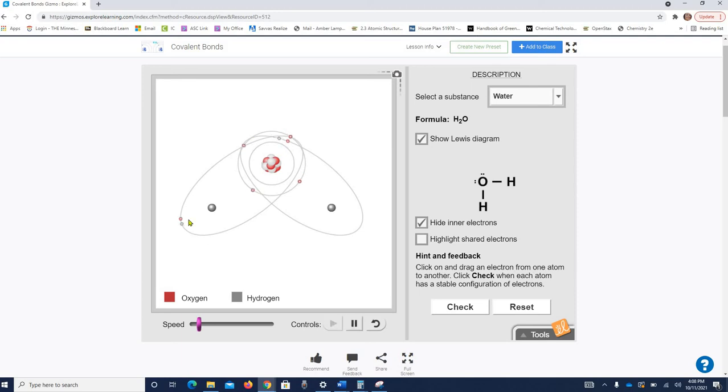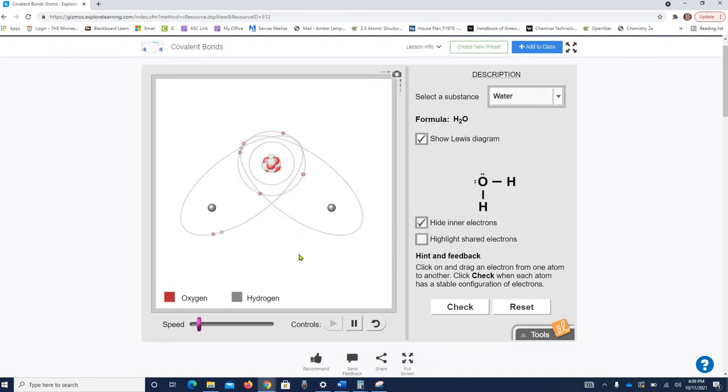So now if I hit play, I should see the pair that I had originally continue on that path for that bond. And now I have 2 new shared electrons, and you'll notice they're shared because they're spending time with both nuclei. So you have them rounding hydrogen and rounding oxygen. And that's going to be your covalent bond.